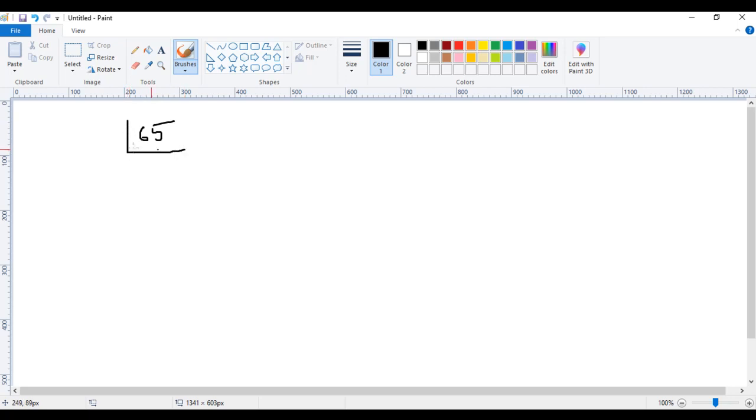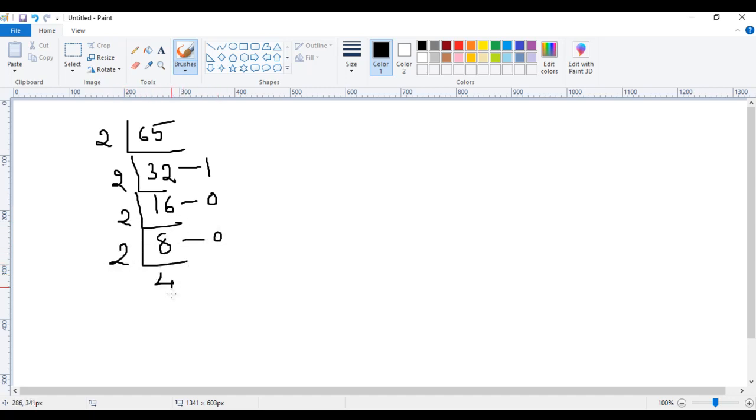We have to divide the given number by 2. 2 into 32 is 64, remainder is 1. 2 into 16 is 32, remainder is 0. 2 into 8 is 16, remainder 0. 2 into 4 is 8, remainder 0. 2 into 2 is 4, remainder 0. 2 into 1 is 2, remainder 0. Once we get 1 or 0 at the end, we stop further execution.